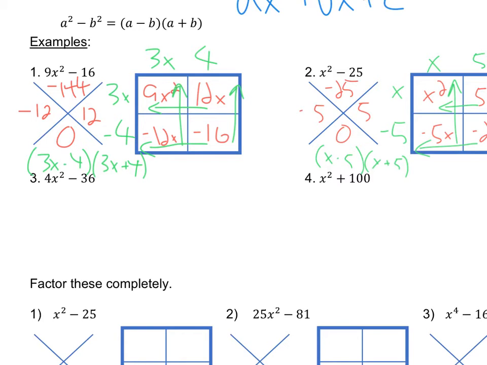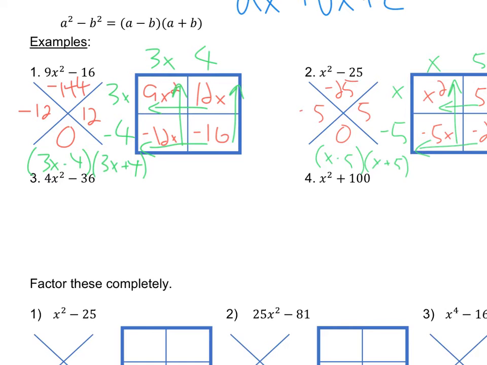If you look at the factors, 3x, 3x, 4, 4, x, x, 5, 5, our terms are exactly the same. The only change is that one's negative and one's positive.